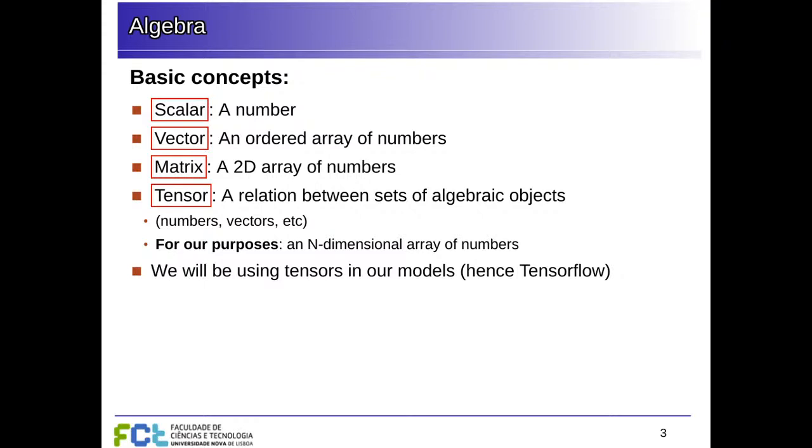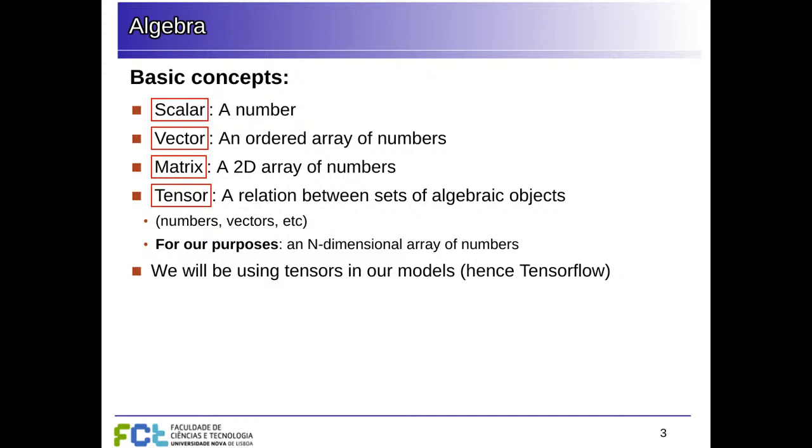In TensorFlow, we're going to be dealing with tensors, and this is a more abstract concept, which is basically formally a relation between sets of algebraic objects, but for our purposes, we can think of a tensor as an n-dimensional array. It can have 2, 3, 4 dimensions, whatever we need, and this will be the basic blocks that we'll be operating with in TensorFlow.